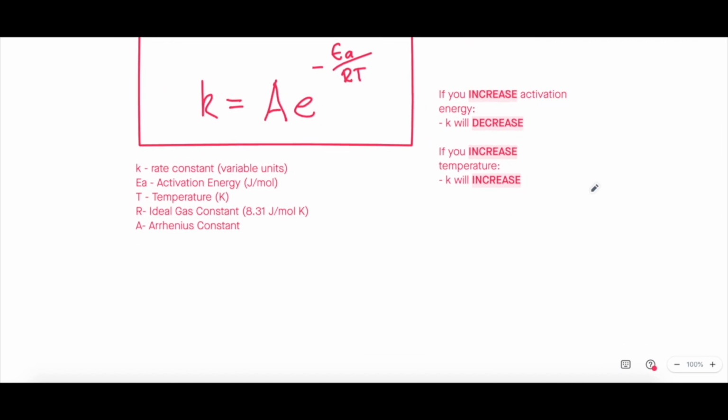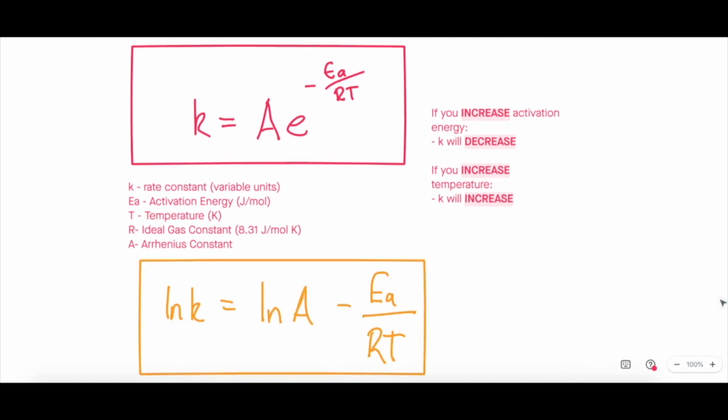So another form of this equation looks like this. Because you've got an exponential here, what you can do is ln the whole equation, then you get this equation here. You don't need to know how to do it in chemistry because it's A-level maths, but just be aware of this equation.